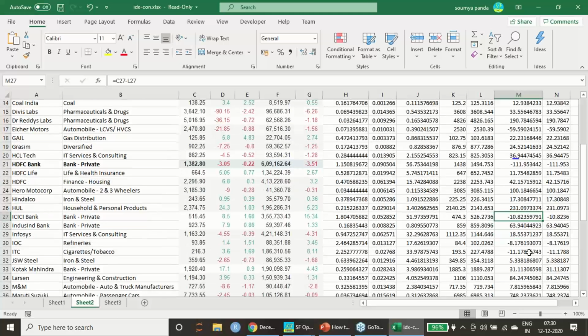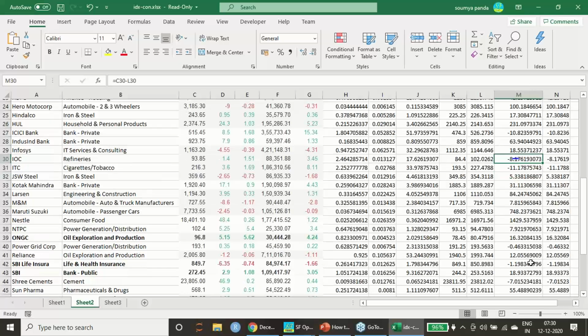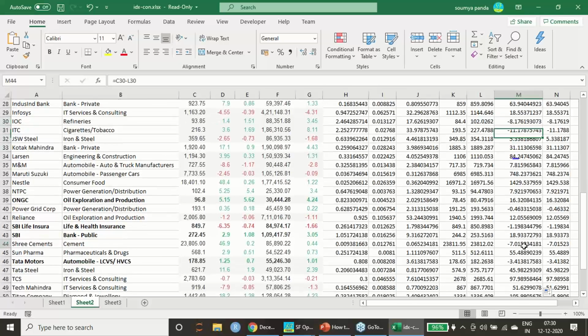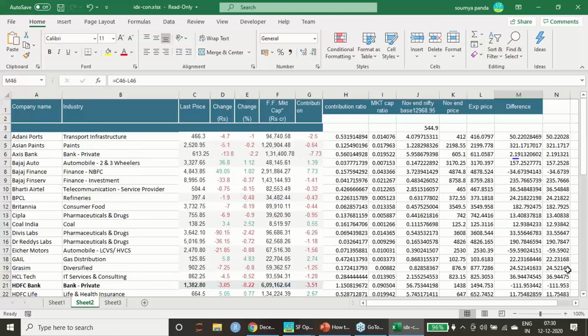So these stocks have not performed in the month of December till now. ITC also has not performed as per its value, so it still has the value. You can filter these stocks now, those still in negative territory, as they may perform in the remaining part of December. This is one more way you can identify.